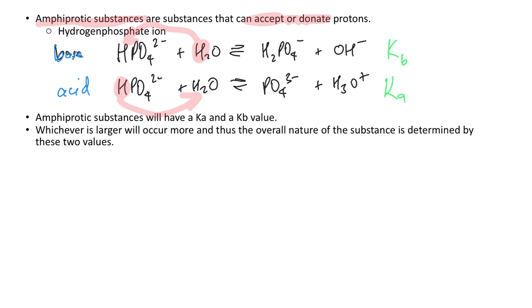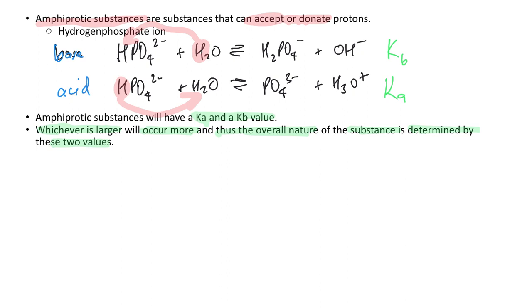Amphiprotic substances will have a Ka and a Kb value for their two possible reactions. Whichever value, the Ka or the Kb, is larger will occur more often, and thus the overall nature of the substance is determined by these two values or their relative values, right?